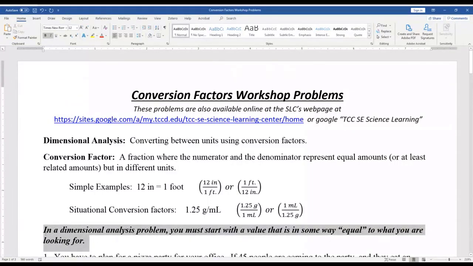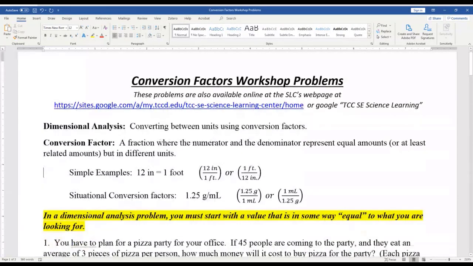In a dimensional analysis problem, you're always going to start with what is in some way equal to what you're looking for.